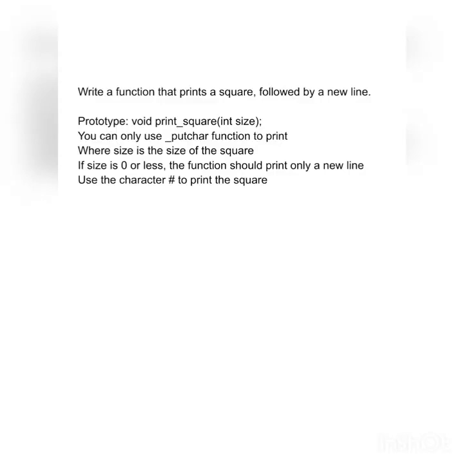Write a function that prints a square followed by a new line, where size is the size of the square. If size is 0 or less, you should just print a new line. You will have to use the hashtag character to print squares.